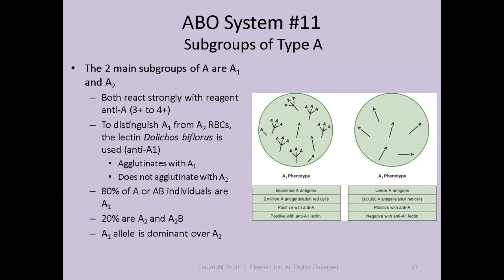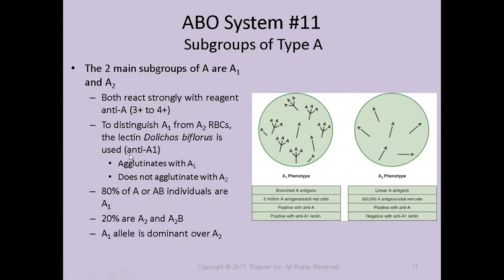If we wanted to see if someone was type A1 or not, we would take their 2 to 5% red blood cells, and add a drop of A1 lectin to their red cells and see if their red cells agglutinate. If they agglutinate, it means that they are type A1, because this works the same way as an antibody against A1. So agglutination means you're A1.